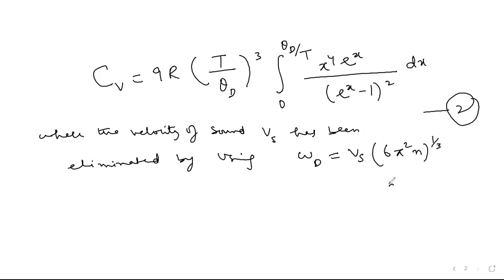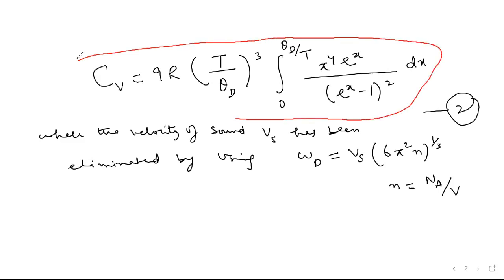And you know n is the concentration of atoms in the solid, which is Avogadro's constant Na over V, volume of the sample. Let me encircle these equations. This is now my main equation for Cv. It looks simple.